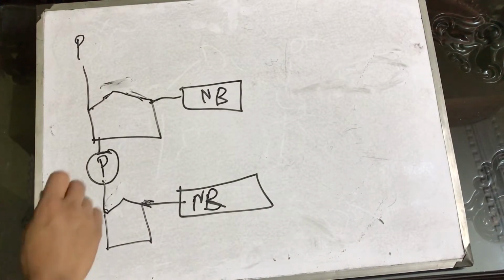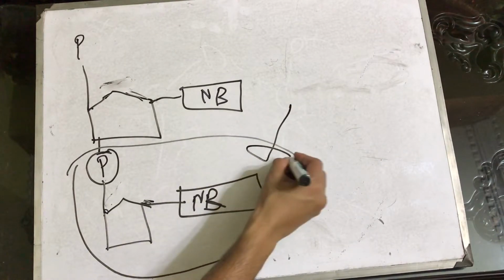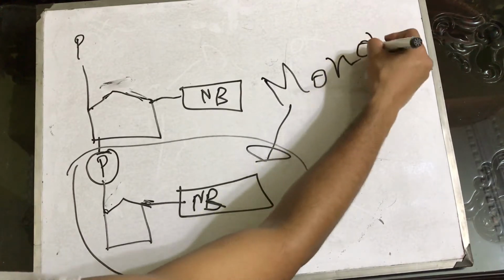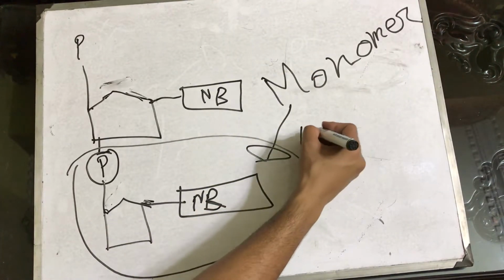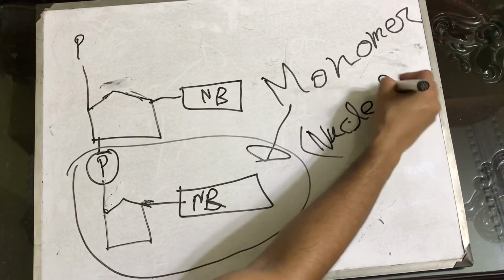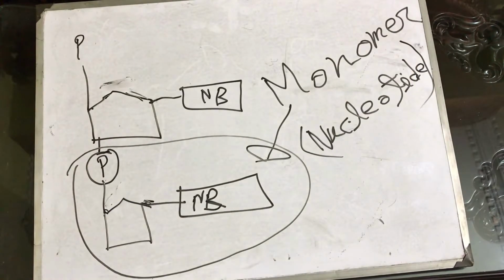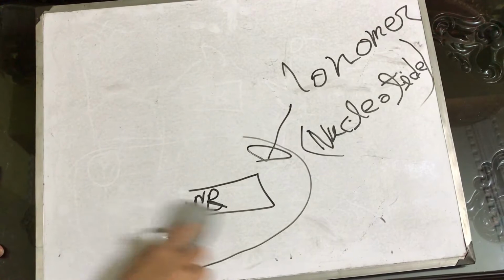So this is the monomer, that is nucleotide. Okay, fine. Let's move on.